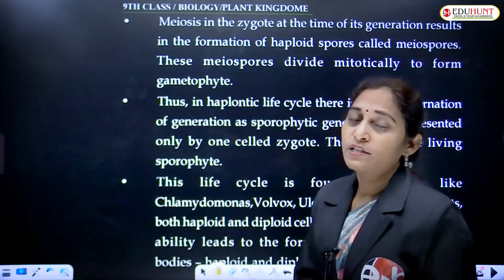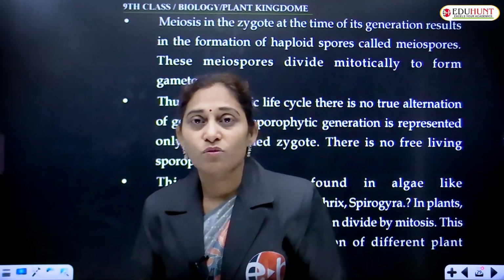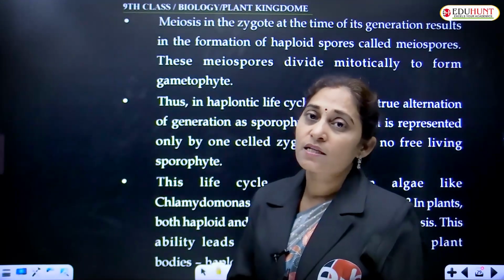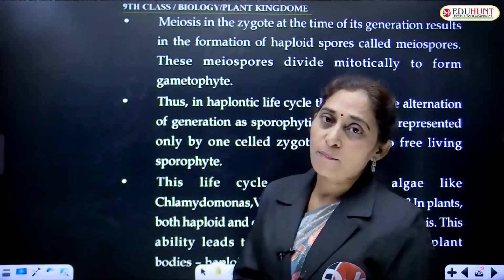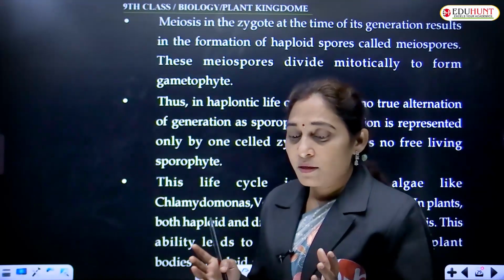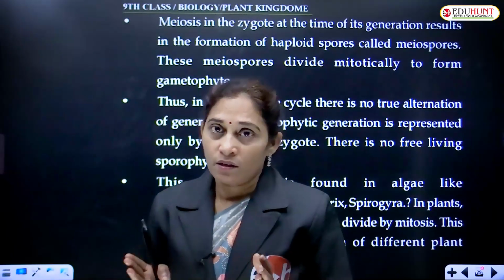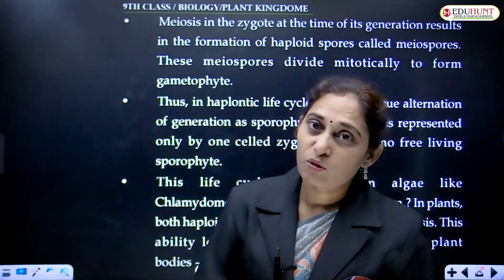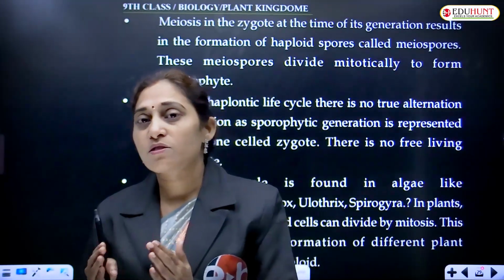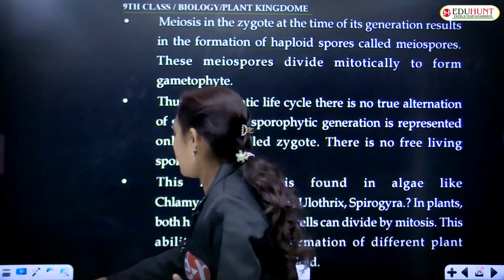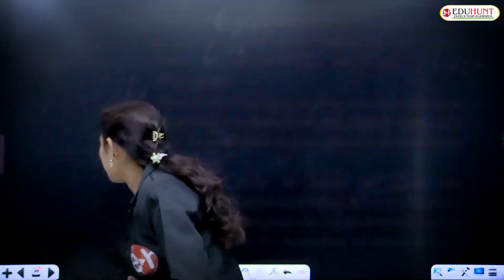Up to bryophyta, the dominant phase of the life cycle is the gametophyte, which is a haploid phase. Once again, after fusion of the gametes, the gametophyte reproduces sexually. I'll mention it.